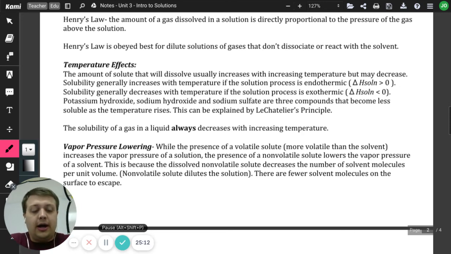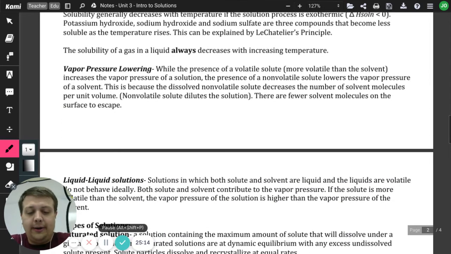All right. Now let's talk about vapor pressure lowering. With vapor pressure, I'm talking about the presence of a volatile solute, and by volatile solute, I mean more volatile than the solvent. While the presence of a volatile solute increases the vapor pressure of the solution, the presence of a non-volatile solute lowers the vapor pressure of the solvent.